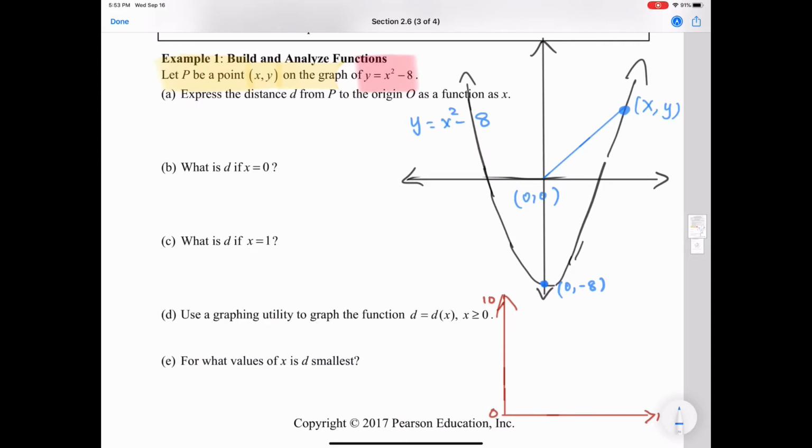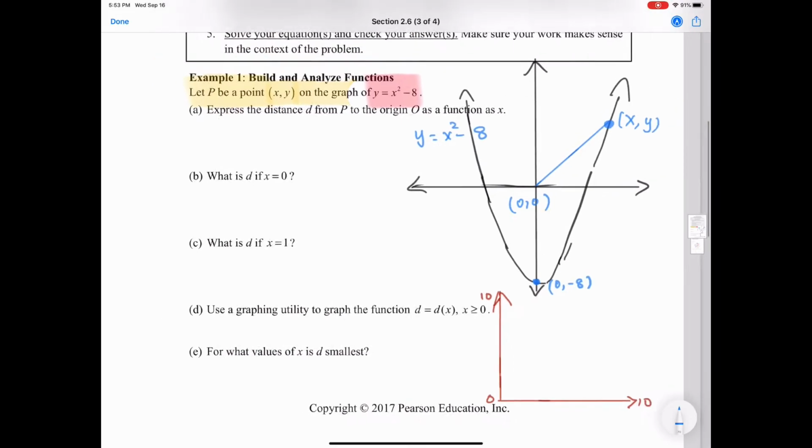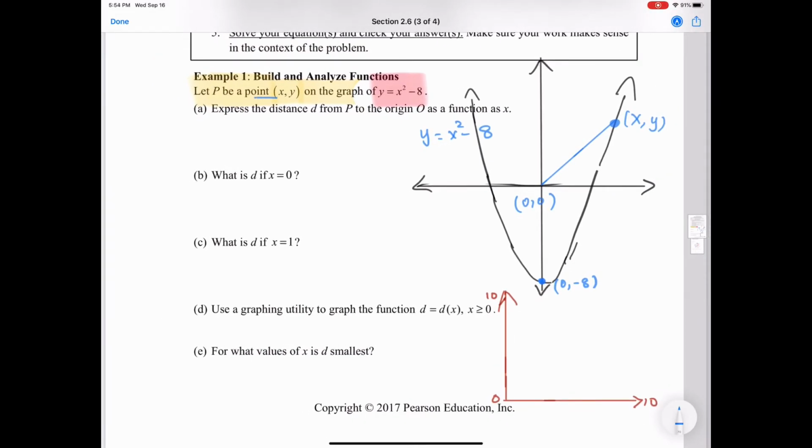Okay, so after drawing that, the next step is I need to keep this point x comma y on the graph. And I picked the point to be on the graph in this quadrant because x and y can be positive. Okay, so I drew the quadratic graph, shifted down 8 units, and then I kept the point P on the graph, which I left on the first quadrant.